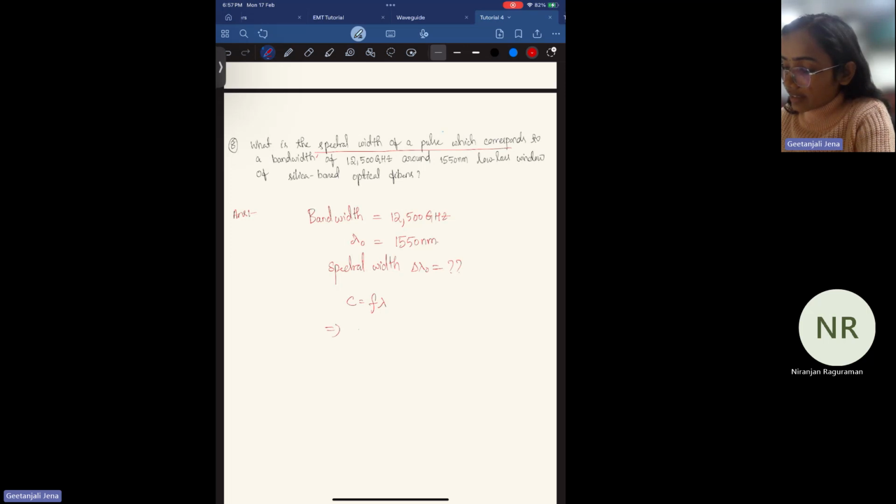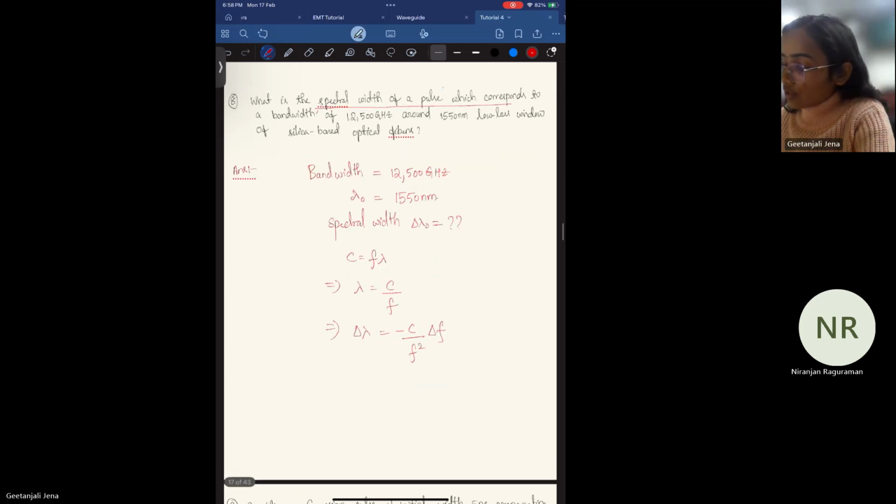So you can write lambda as C by F. So this will give delta lambda, taking the derivative on the other side, as minus C by F square delta F. Now if you want to express in terms of the given parameters, bandwidth is nothing but delta F and lambda 0 is given. So we need to express in terms of lambda 0 and delta F.